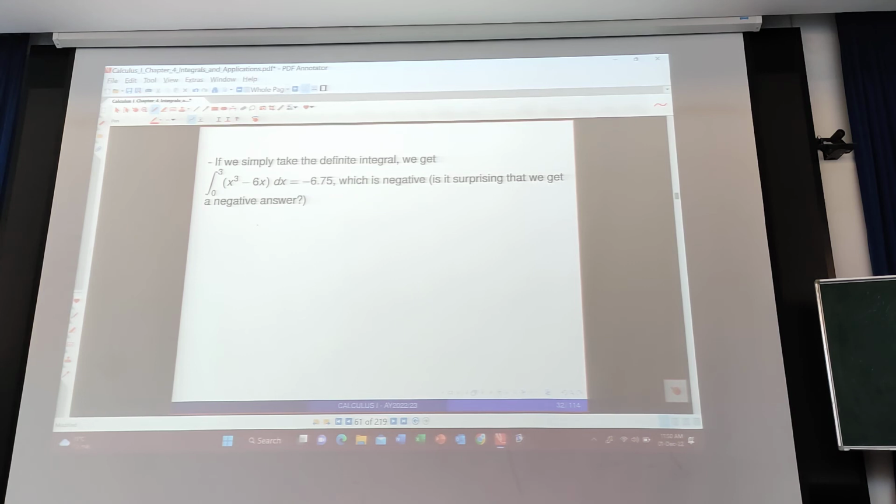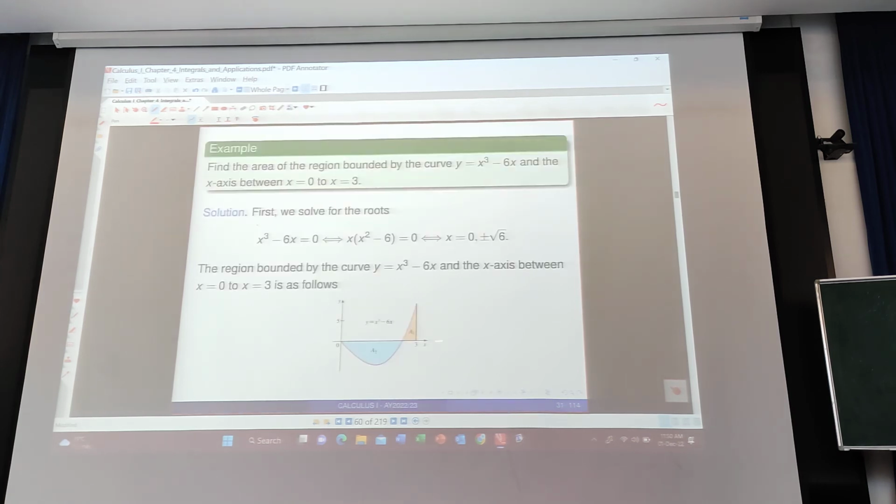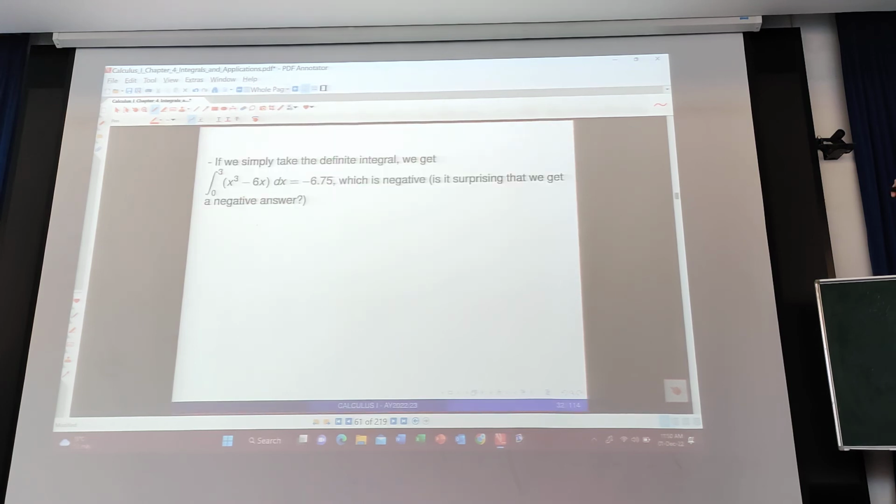This function is not positive over 0 to 3, only that part. See? So if you choose the integral, you have negative 6, and this is not the answer. Area cannot be negative, right?